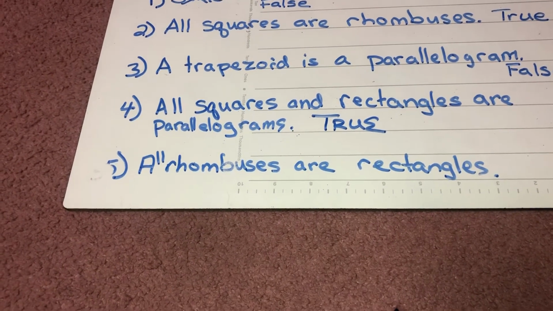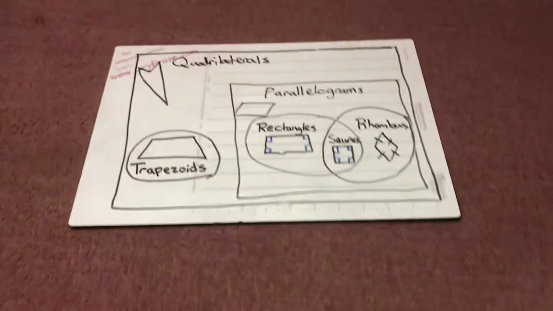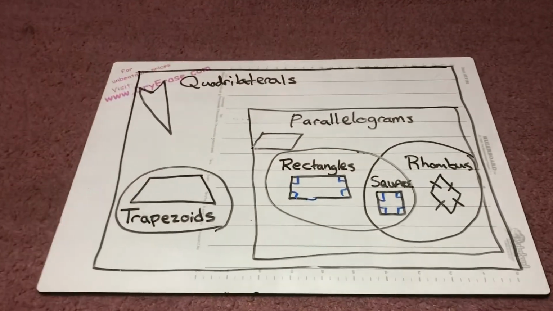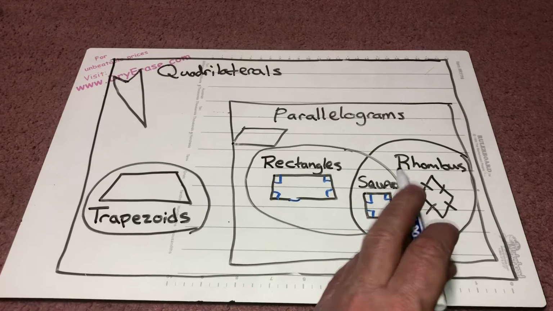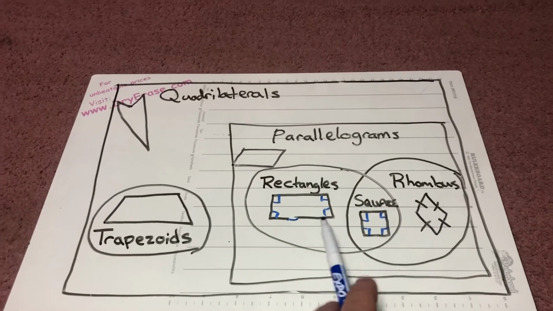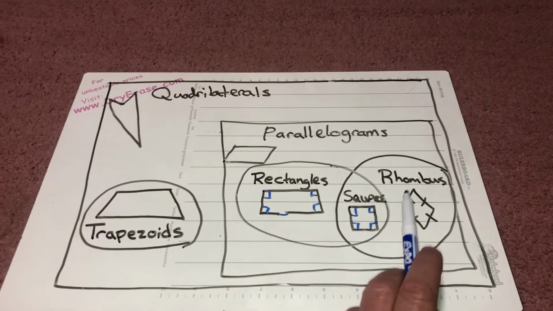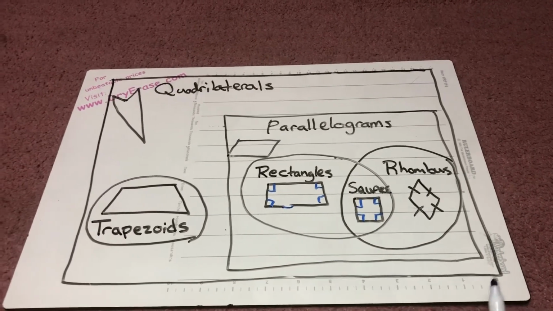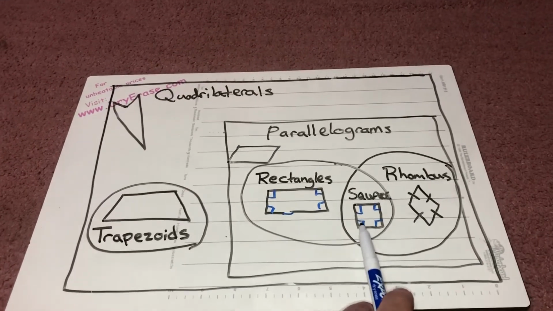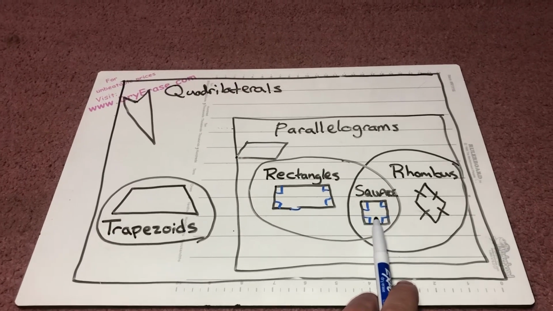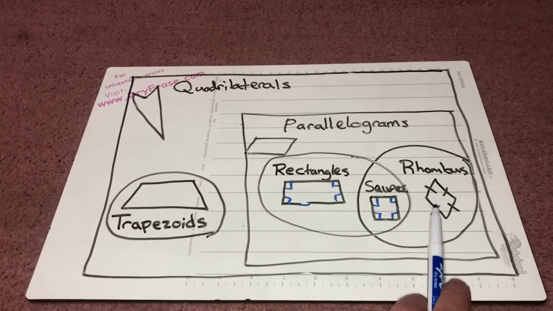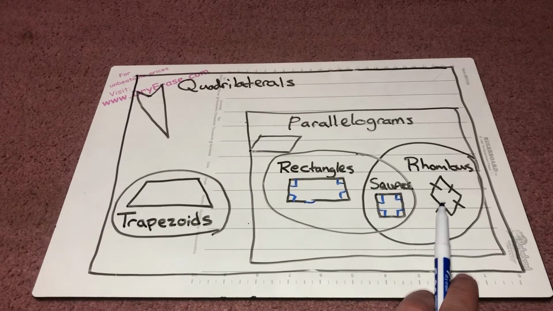All rhombuses are rectangles. Well, when I look here at my quadrilaterals, and I go into parallelograms, and I look at rhombuses and rectangles, I see that there is some overlap between what a rhombus is and what a rectangle is. But the overlap is only with a square. Because a square is a rhombus because it has 4 congruent sides.